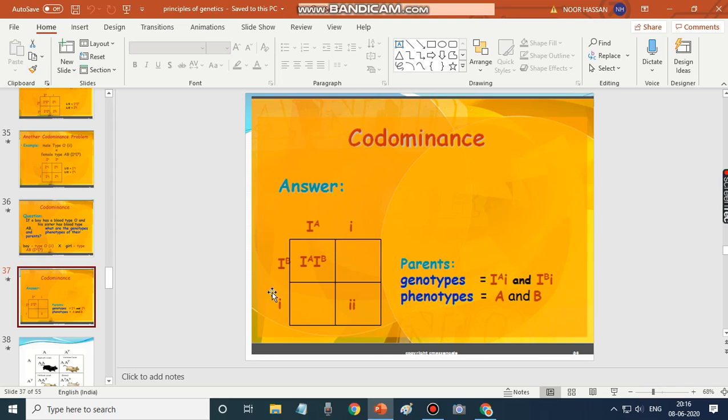So the parents are IA small i O, which refers to blood group A, and IB small i O, which refers to B group. So parents belong to blood group A and B, so that one child has AB blood group and the other has O blood group. So this is about codominance.